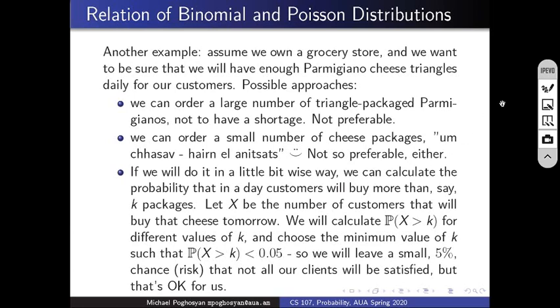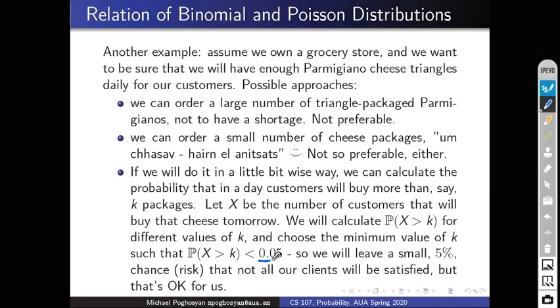This is just a number. You can take, say, 0.01. So you are choosing your risk level. We will have some small chance that not all our clients will be satisfied, but that's okay for us. We can take that risk.